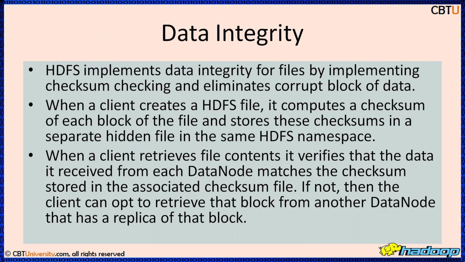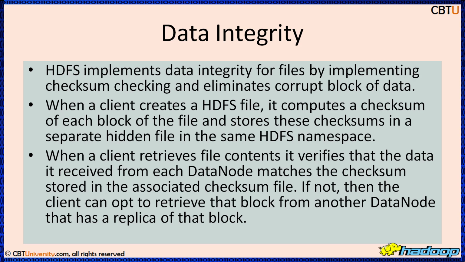HDFS implements data integrity for files by implementing checksum checking and eliminates corrupt blocks of data. When a client creates a HDFS file, it computes a checksum of each block of the file and stores this checksum in a separate hidden file in the same HDFS namespace.